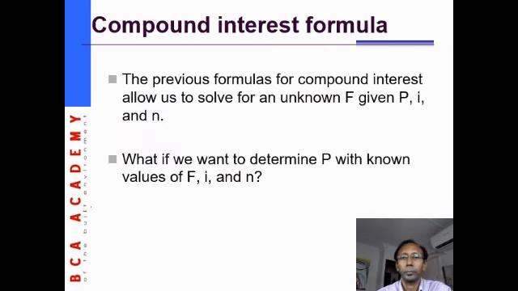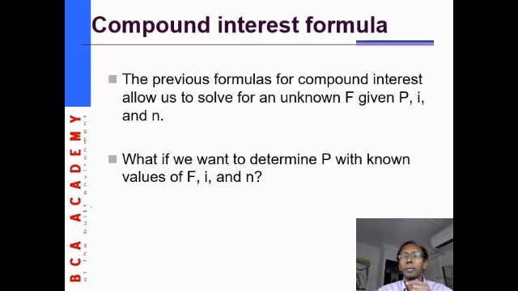Okay, now let me explain to you how to apply the compound interest formula to reverse calculate. That means I want to get $10,000 after 10 years, and I know that the interest is 10% in the bank. How much money should I be putting in today in order to get $10,000 10 years from now with 10% interest?